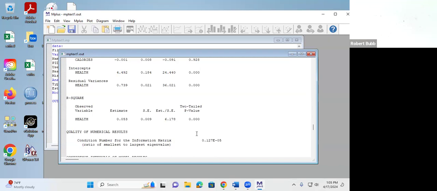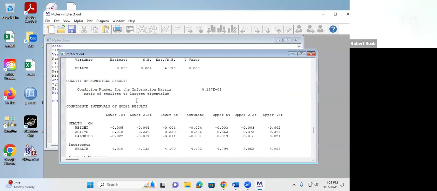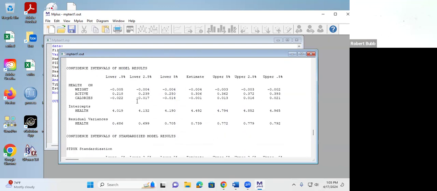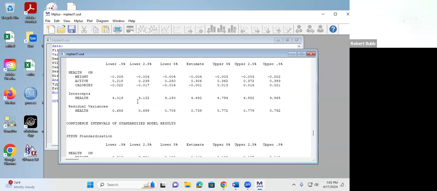Okay, does that look good so far? On the same page? All right, let's look at some confidence intervals. It's going to be our interpretation for our confidence interval for activity, or active. So this is an output that we got.